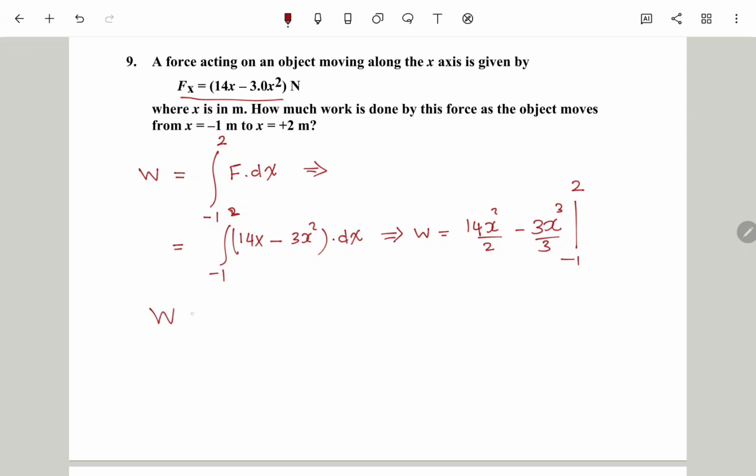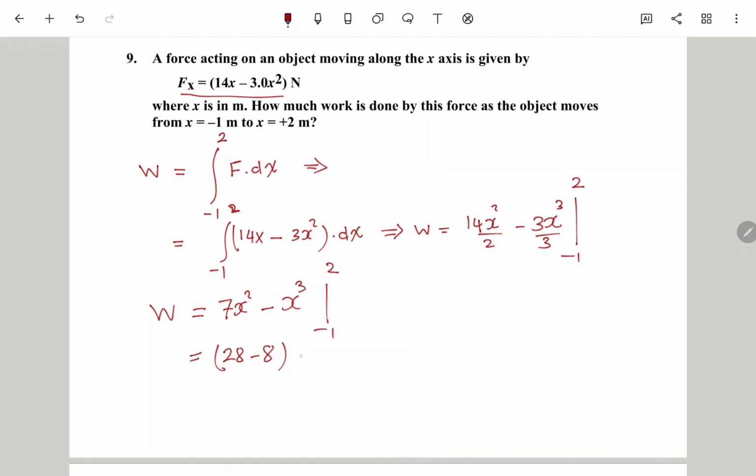Now work equals 7x squared minus x cubed from -1 to 2, and you substitute here. When you substitute by 2, it's 28 minus 8, minus, when you substitute with -1, it's 7 plus 1. So it equals 20 minus 8, or 12 joules.